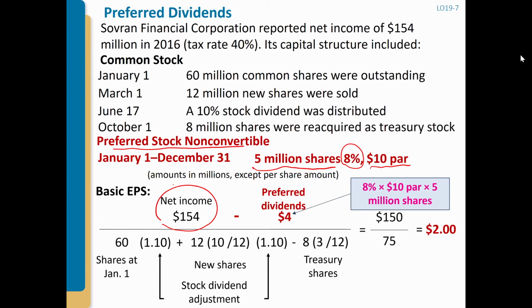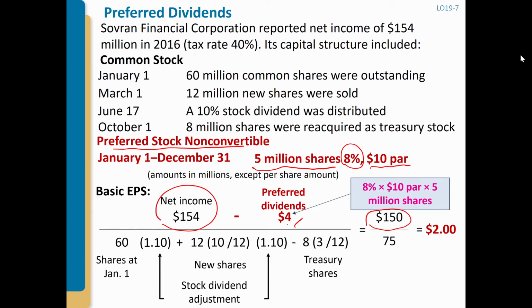When we pay dividends, it decreases the earnings, the net income, retained earnings. So we need to subtract this 4 from the net income. Total earnings available to common stockholders should be 150.